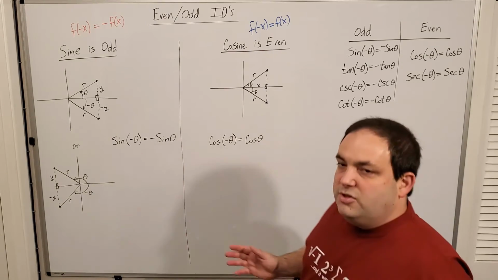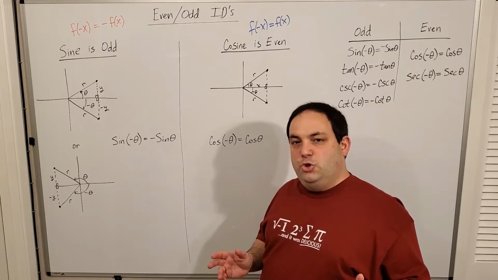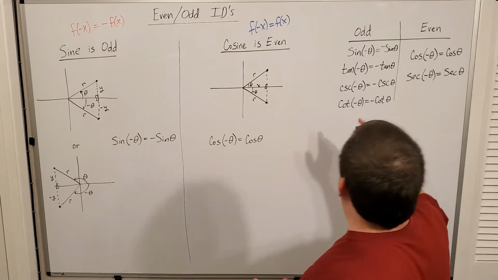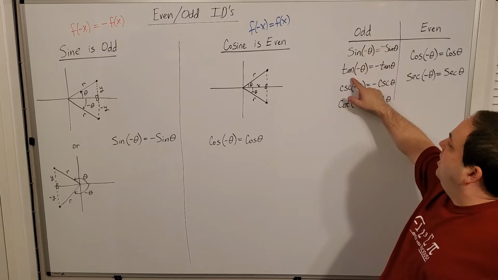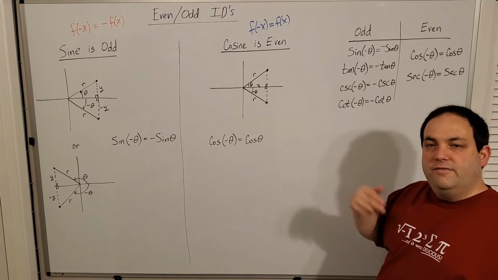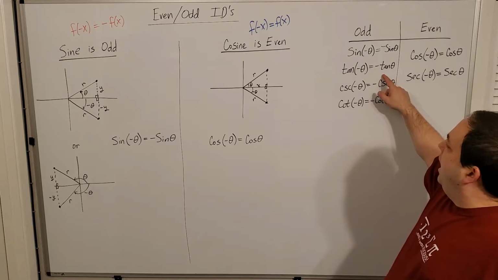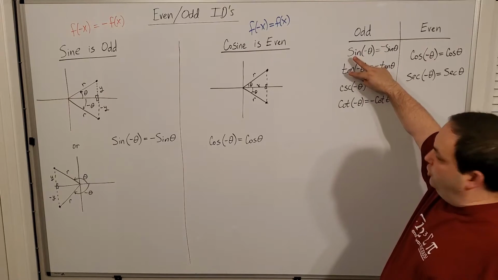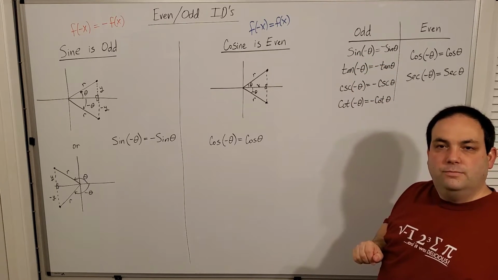Now for everything else, I can use the old identities to base off of sine and cosine. Tangent is odd because tangent is sine divided by cosine. You have an odd divided by an even, you're going to get an odd. Cosecant and cotangent are the reciprocals of those two, so they're going to have the same feature.